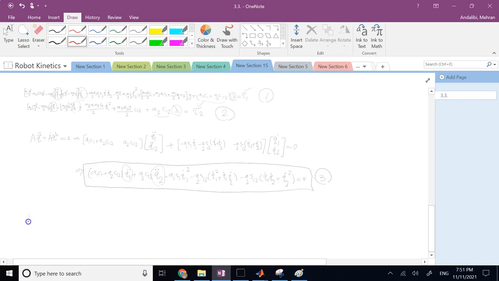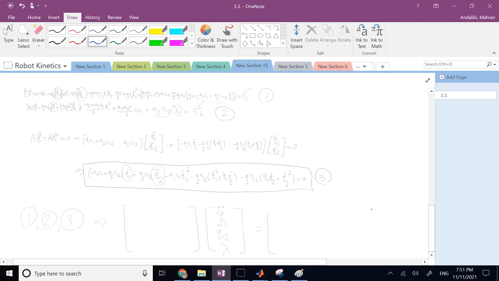So you can write your 1, 2, and 3 as a coefficient matrix times your unknown vector, which is q1 double dot, q2 double dot, and lambda, and then set it equal to a right hand side.